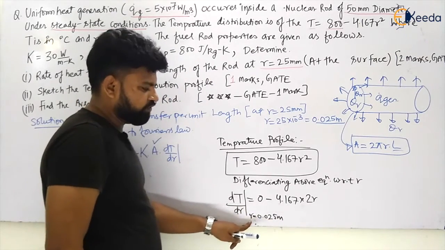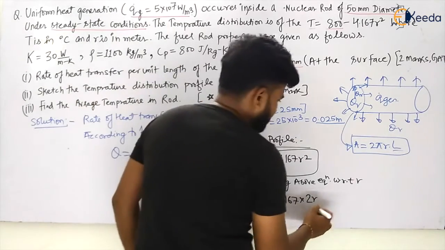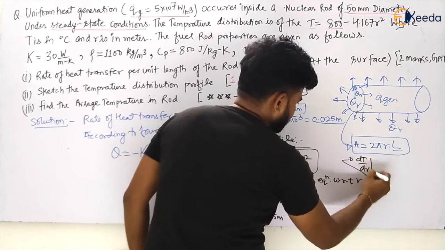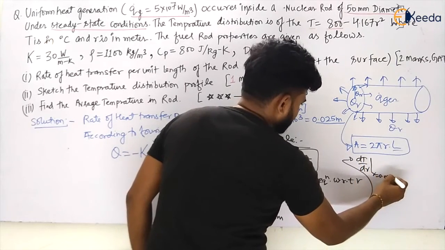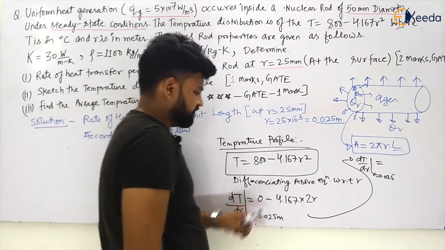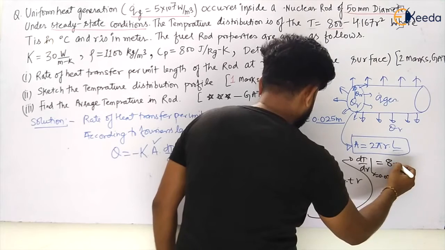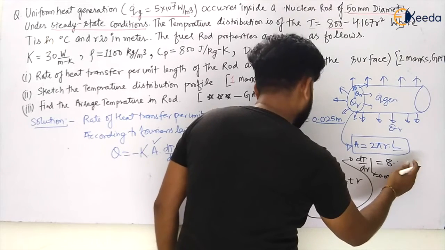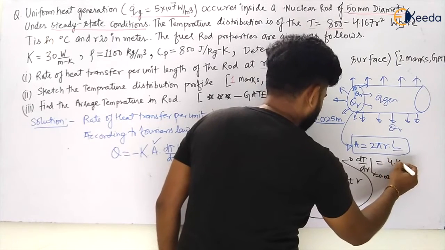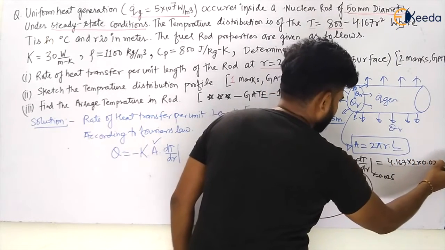So putting that value of r in this equation, I will have dT/dr at r equal to 0.025, which will be negative, 4.167 into 2 into 0.025.